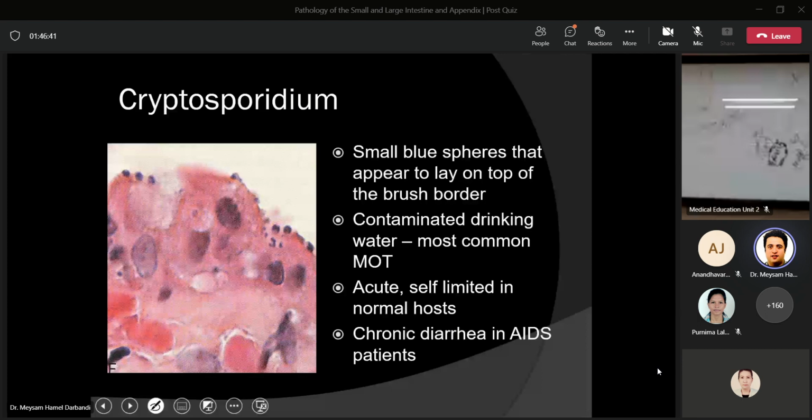So where is the brush border? In the small intestine, right? So contaminated drinking water is the most common cause and most common way that you can get this disease, right? It's acute, self-limited in the normal host. Chronic diarrhea will occur if the patient has immunodeficiency or AIDS.